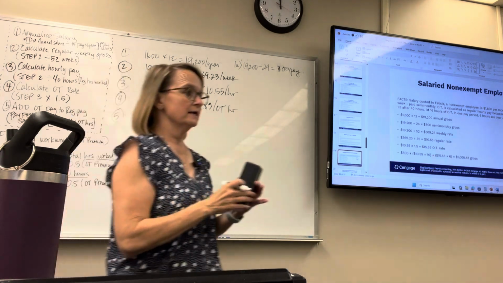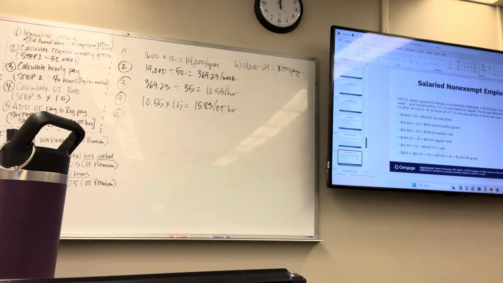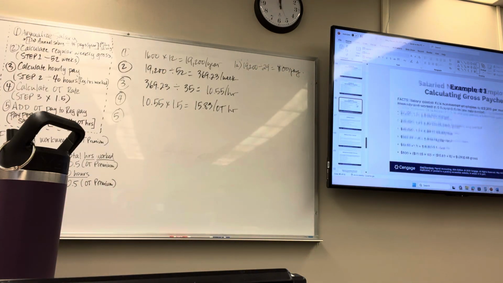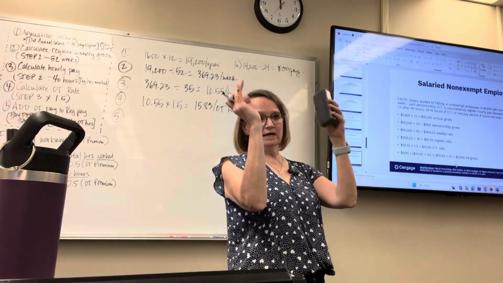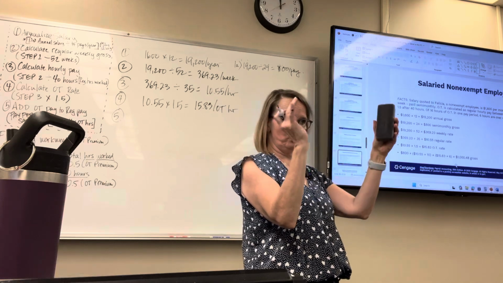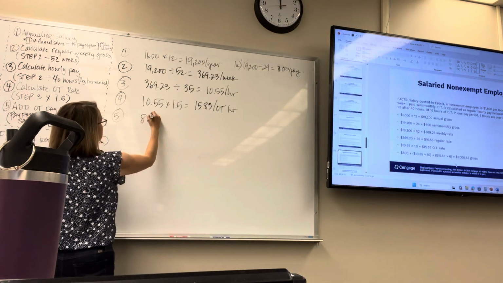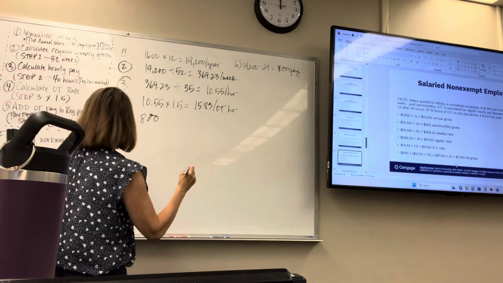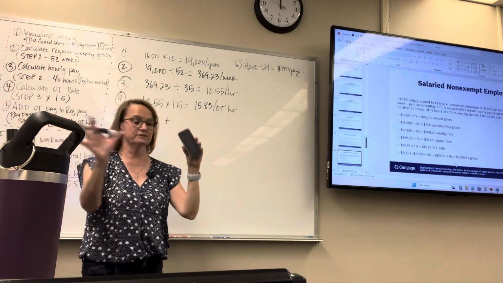Last part here. Now, you can see before, we had 2 items that we had to add together: our regular salary plus our overtime hours. But in this example, we've got 3 items to add together because she's got that bucket of hours between 35 and 40 as well. So we're going to add her 800, her regular pay period salary, plus she's got 2 separate categories of overtime hours.